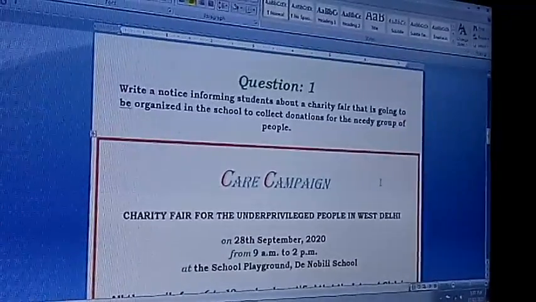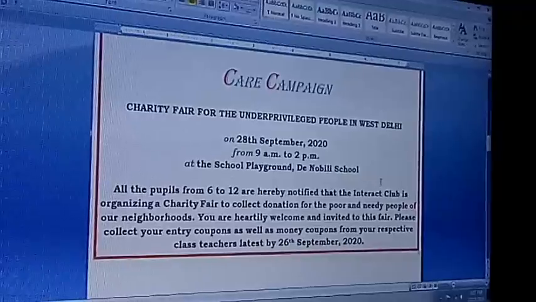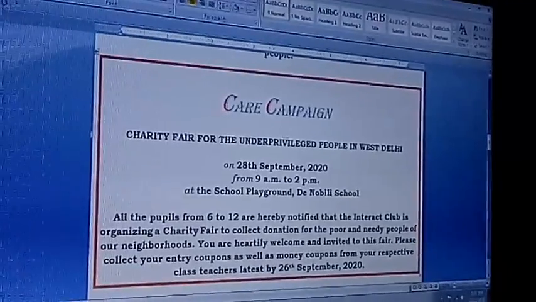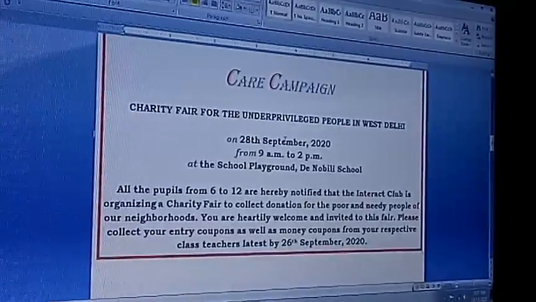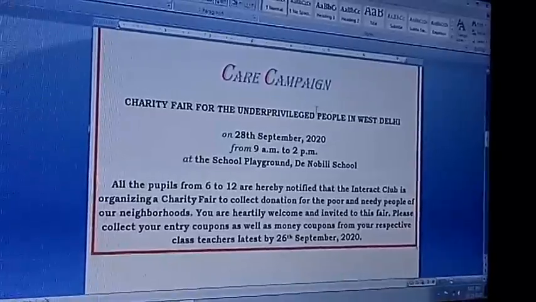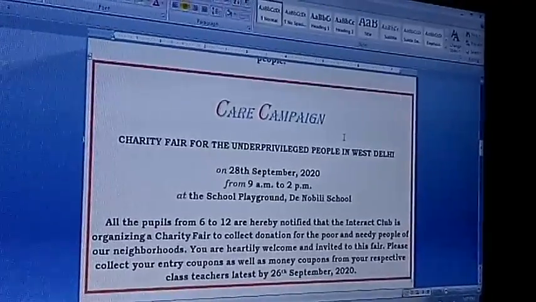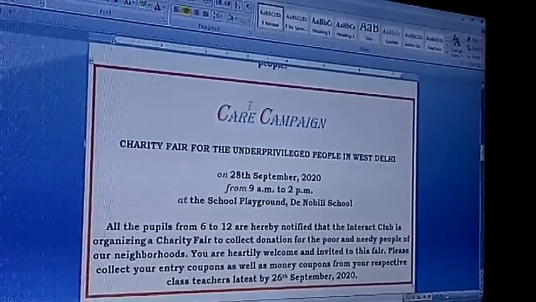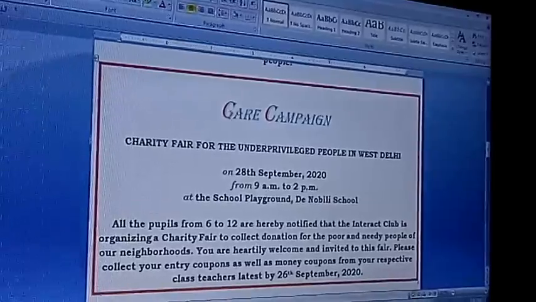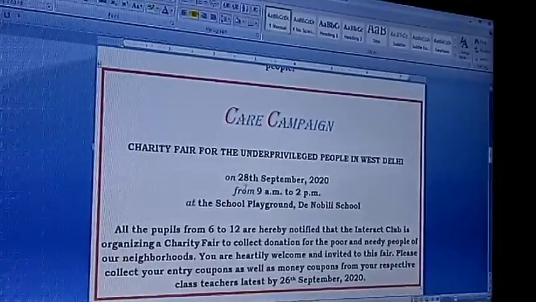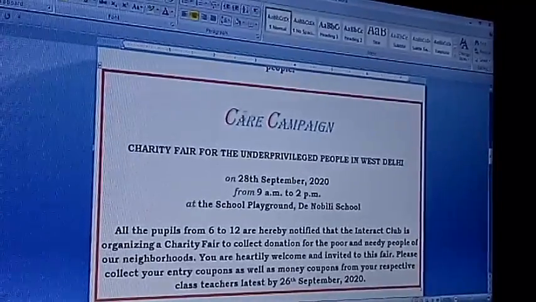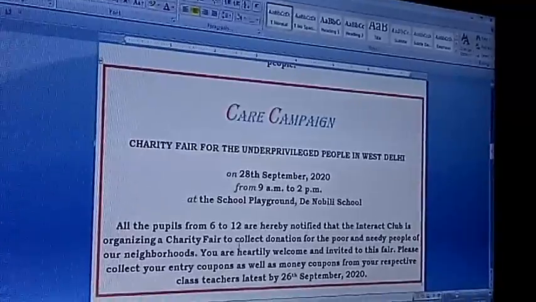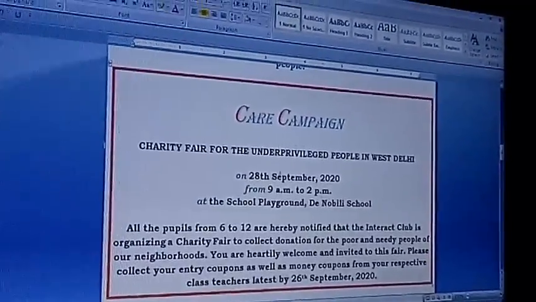So, care campaign. How I have written, even in your exam paper you can write like this. But for one thing: I used red and green to draw your attention, and in the exam you are not allowed to use red and green color. I have used them just to make a contrast.